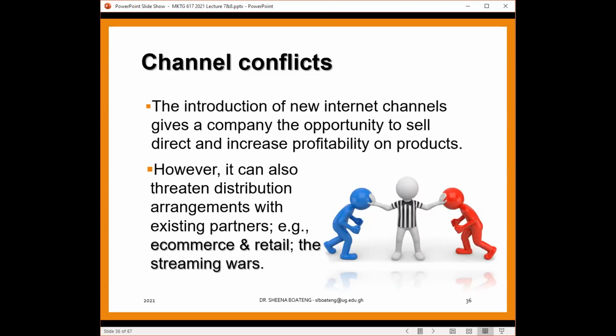And this ultimately led to certain threats in terms of distribution arrangements with existing partners, particularly those partners who had not completely severed ties, but were in direct competition with these intermediaries when it came to the sale of their products and service. And we see a typical example of this happening between e-commerce retailers as well as offline retailers, where retailers who were traditionally stocking their items in physical stores all of a sudden decide to start selling their items directly to customers online.